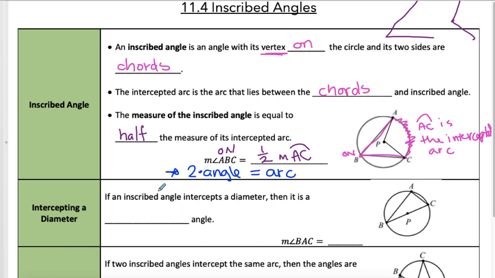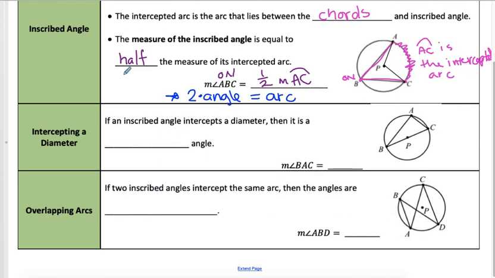A special case would be if an inscribed angle intercepts a diameter. As soon as I have a diameter, I know that this is 180 degrees. They don't have to tell me the measure. As soon as I know it's intercepting 180 degrees, this inscribed angle is a right angle, 90 degrees.